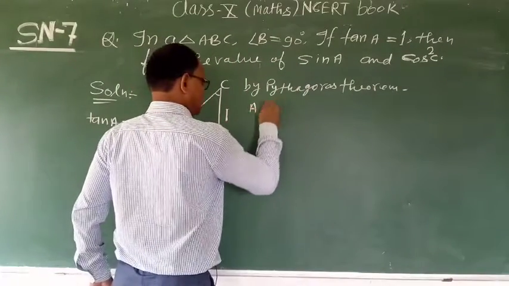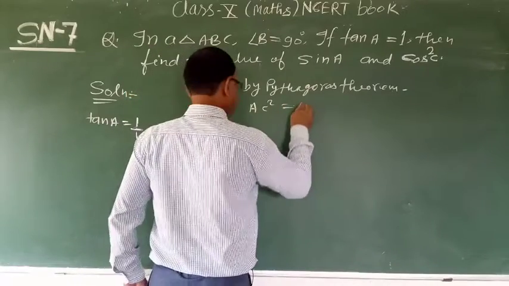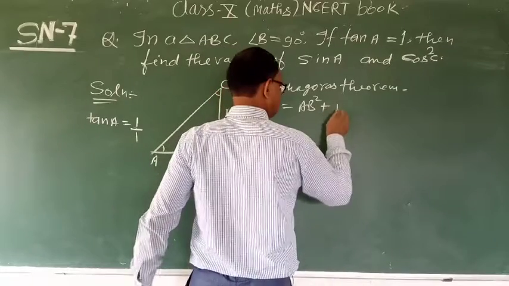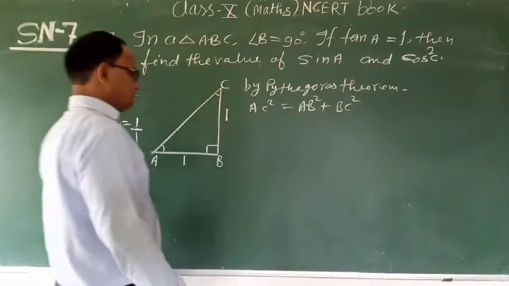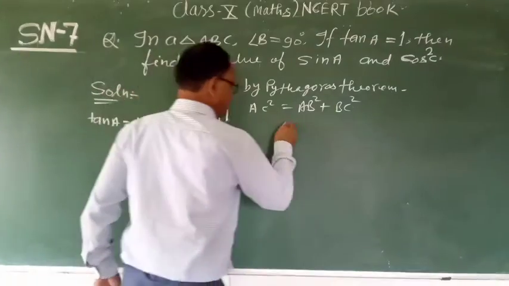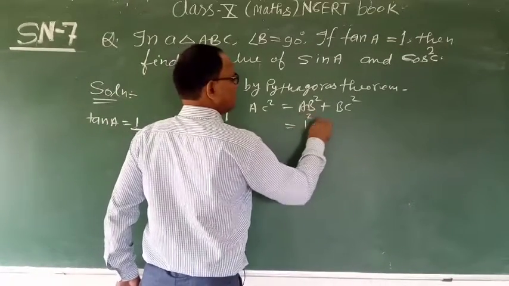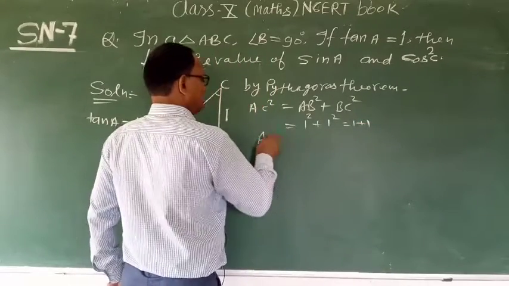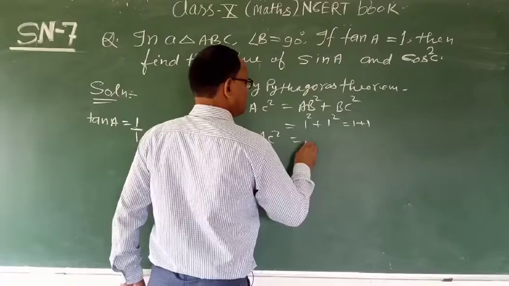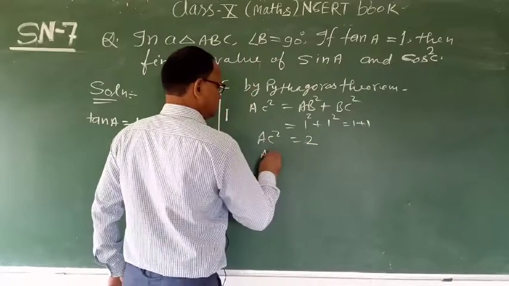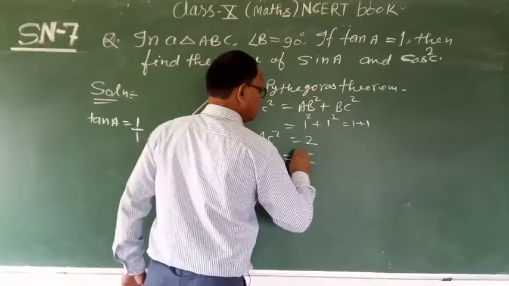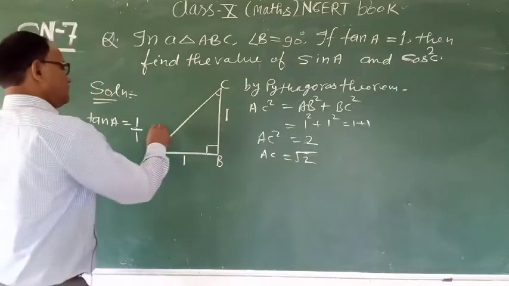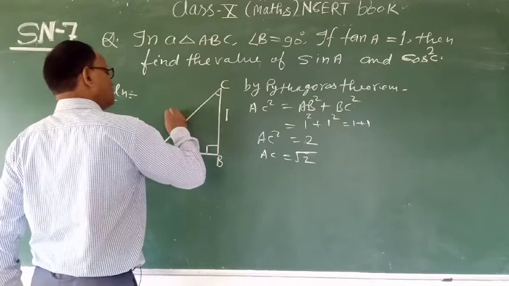Here we can write AC square is equal to AB square plus BC square. Here AB square is 1 square, which is 1, plus 1, we get 2. Here AC is equal to root 2. The value of AC is equal to root 2.